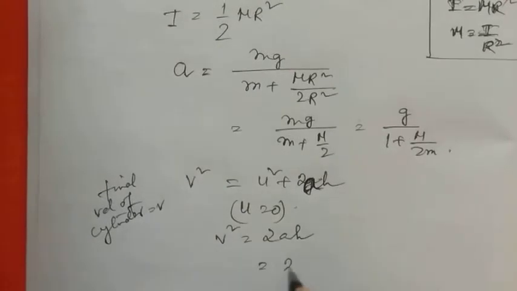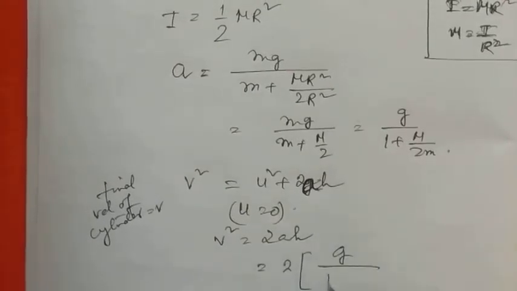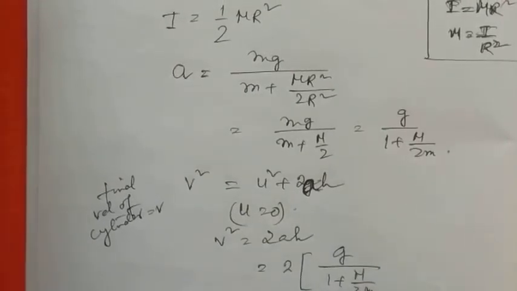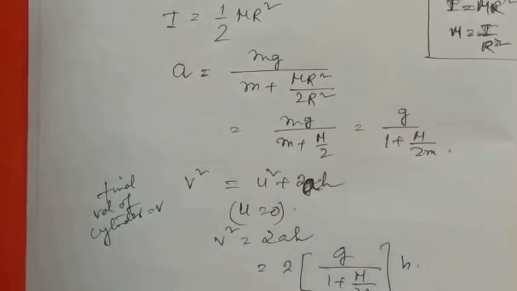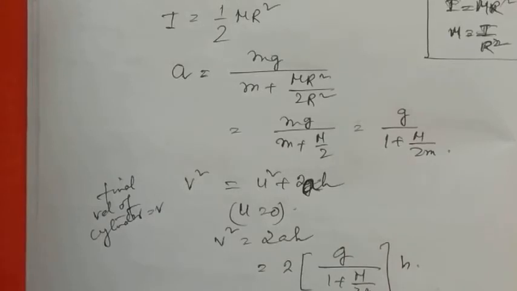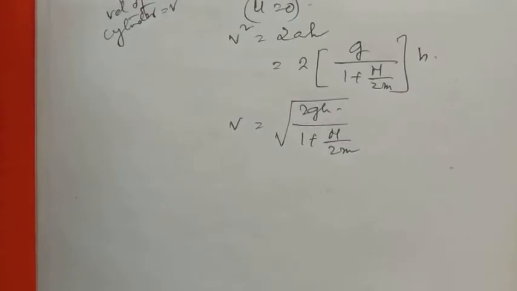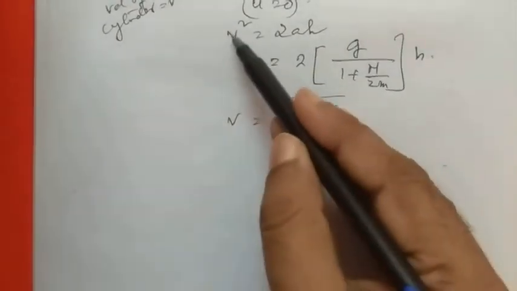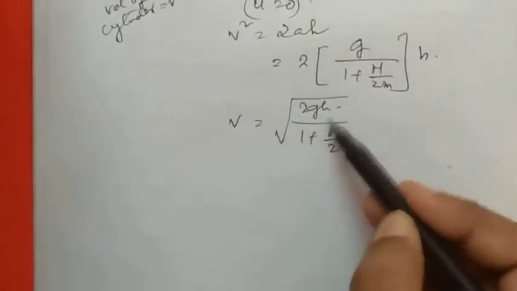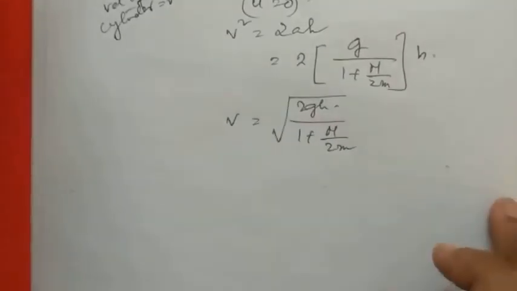Now what is A? We have already found out A, g by 1 plus m by 2m, into h. So v is the square root of 2gh by 1 plus m by 2m.